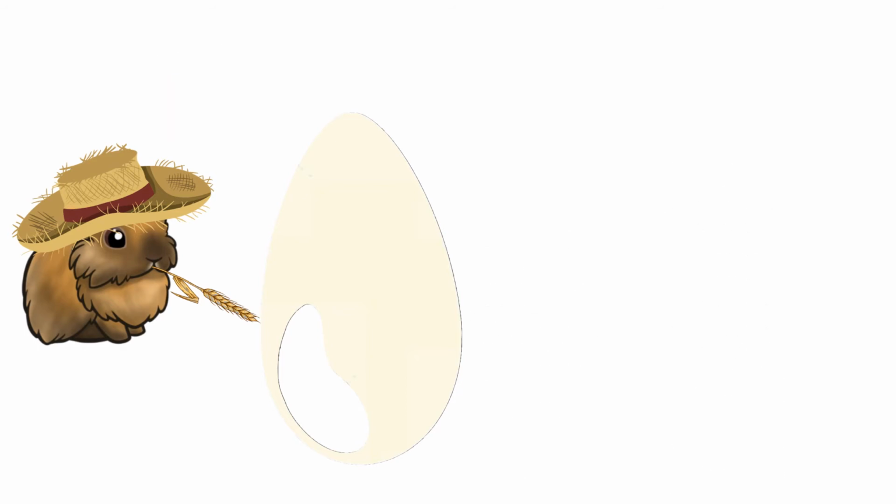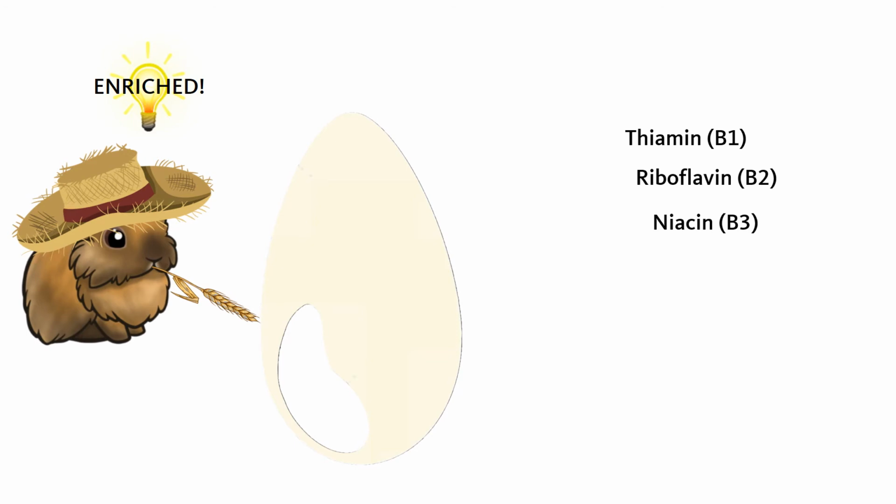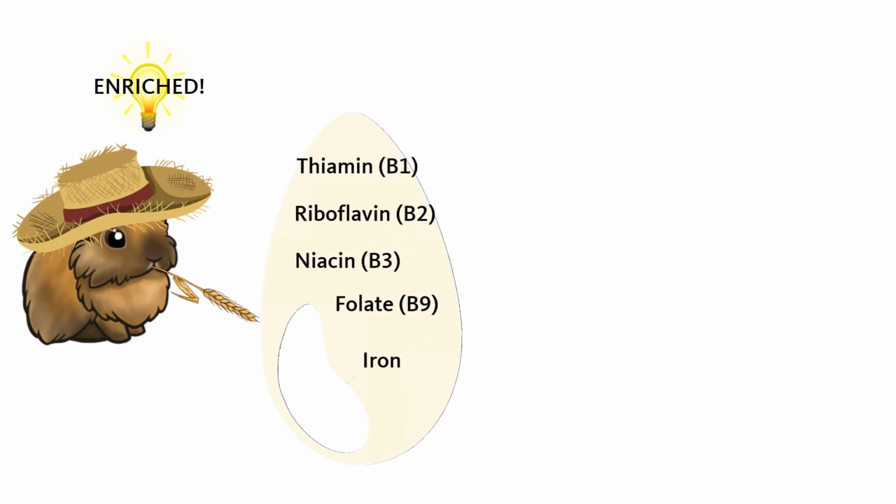This proved how important whole grains are for our bodies, and in response, it became a requirement that refined grains be enriched. This means some nutrients are added back to the endosperm. The B vitamins, thiamine, riboflavin, niacin, and folate, as well as the mineral iron, are included in the enrichment process.